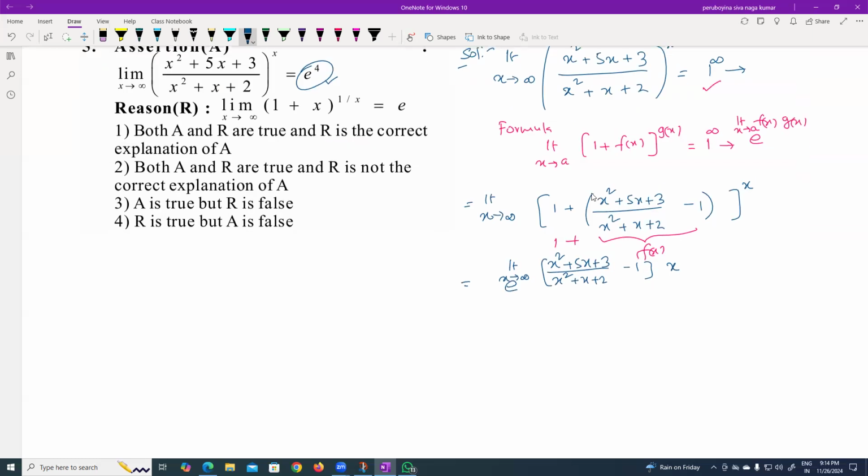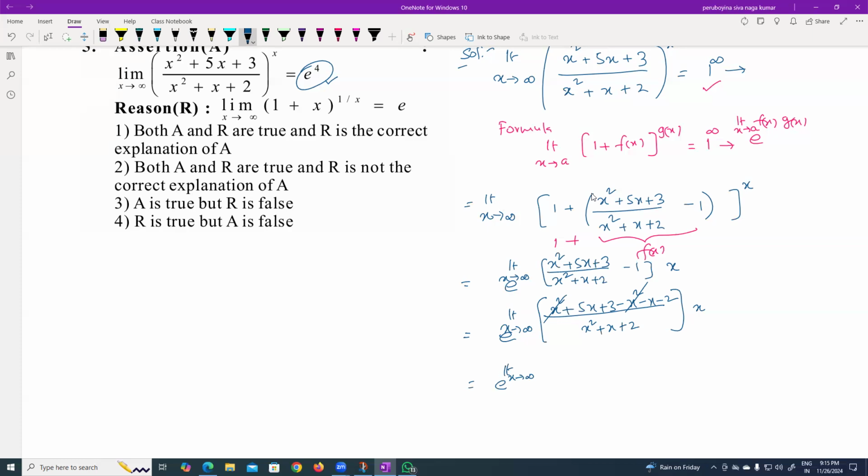We will try to solve this problem. e power, limit x tends to infinity. Try to take the LCM of this bracket, and it was multiplied by x. So here you can see x square plus 5x plus 3 minus x square minus x minus 2. x square got cancelled, and e power limit x tends to infinity.